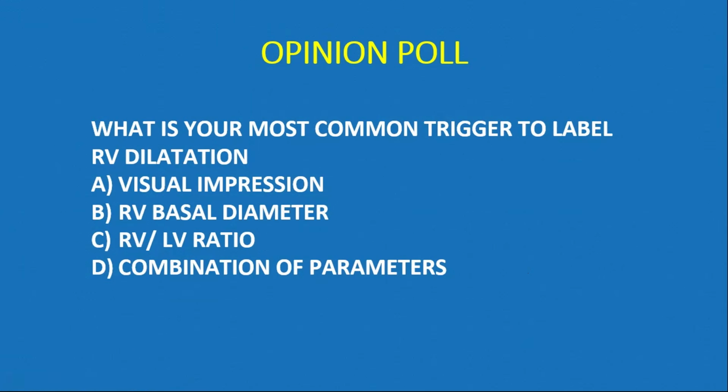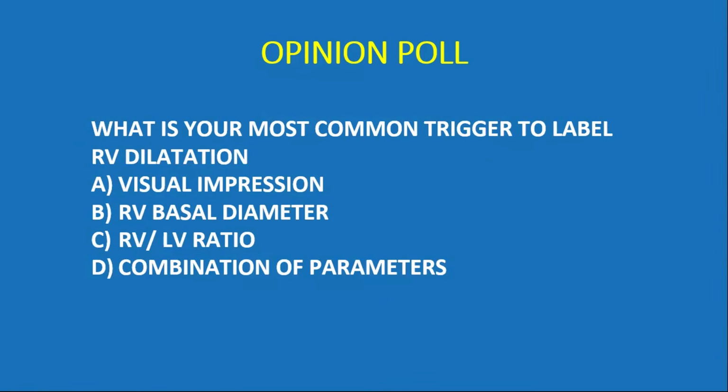Let us understand honestly. Or you unmute and just speak out. It's mostly A or B, C, D. A means just visual impression. D, combination of parameters. All right.